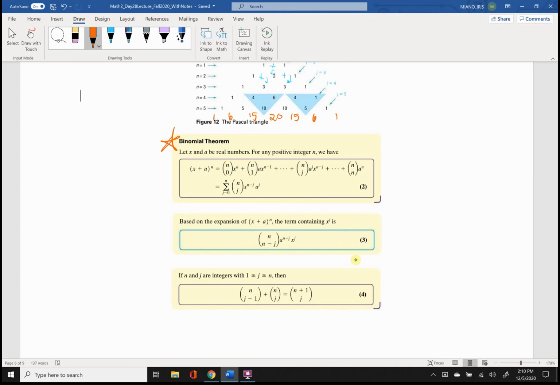So the fact that there is no a factor here, a is to the 0th power, so 0 plus n equals n, so that holds for the first term. And then the second term, we have a to the first power, x to the n minus 1 power, 1 plus n minus 1 equals n, and so on and so forth.